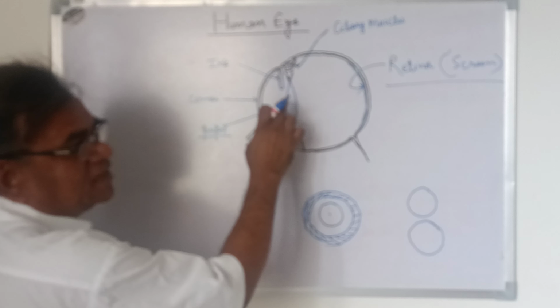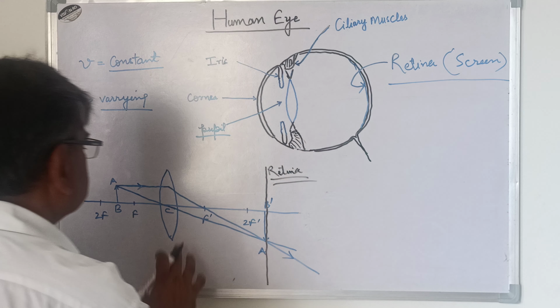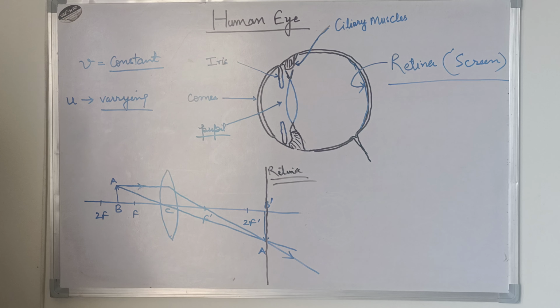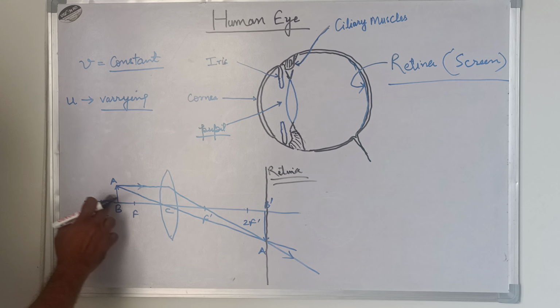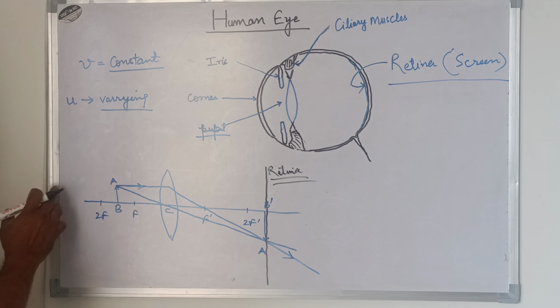Now suppose we fix our screen. We take it as granted as the retina of the eye. We have fixed this. The object may be here, here, or here, anywhere.